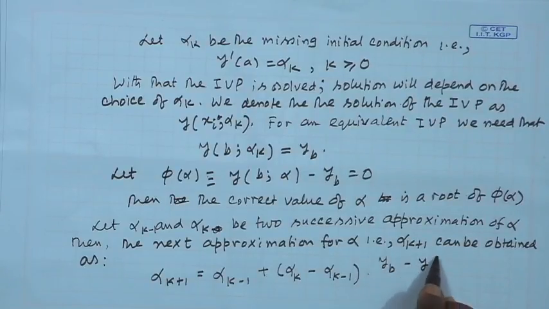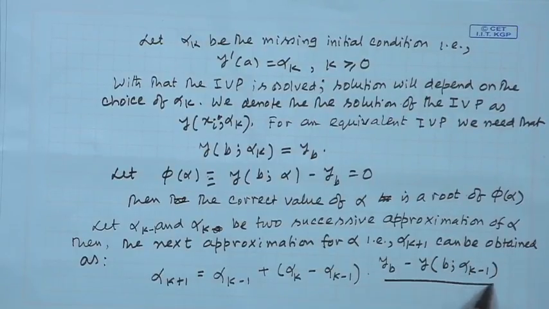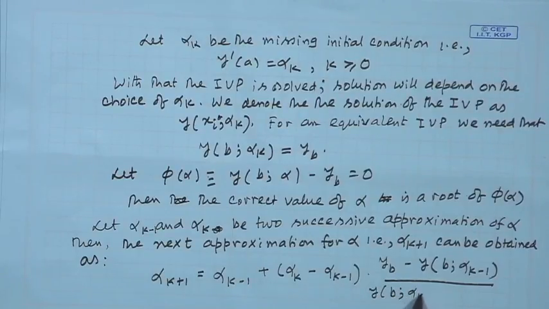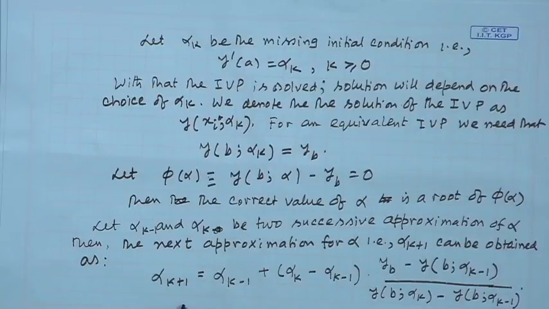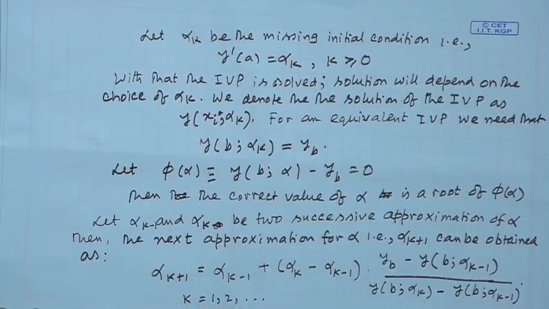So, y_b(alpha_{k-1}) over y_b(alpha_k) minus y_b(alpha_{k-1}). So, k is 1, 2, etc.